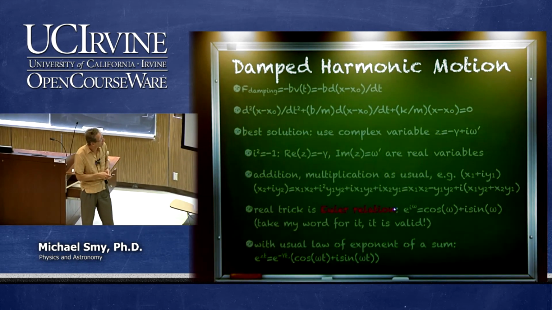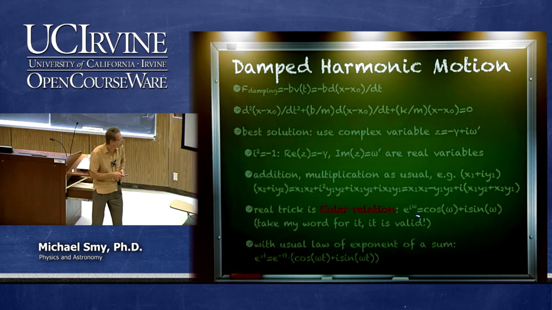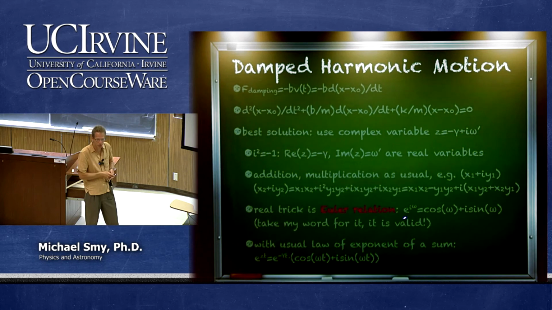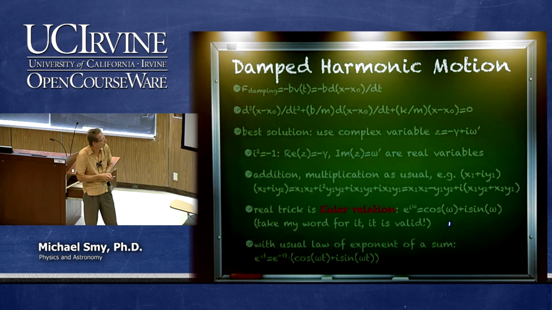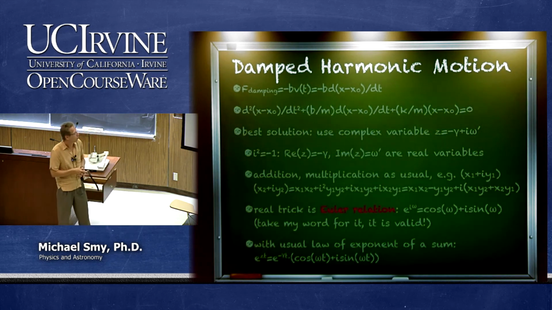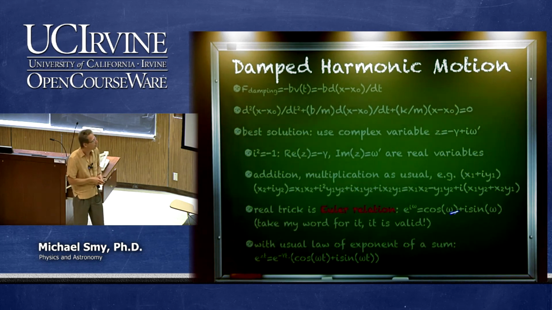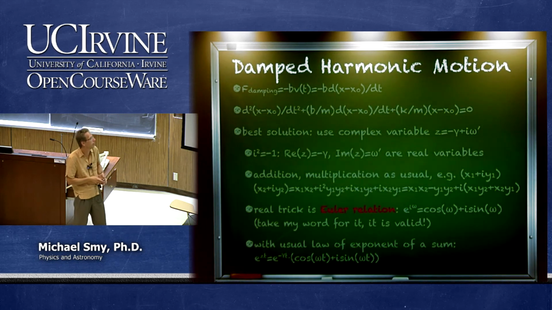And the Euler relation is, and I'm not going to even tell you why it's plausible that this is true, just take my word for it, it's valid. So e to the i omega, for any real omega, is cosine omega plus i sine omega. In particular, if omega equals 2 pi, then cosine 2 pi is 1 and sine 2 pi is 0. So e to the i 2 pi equals 1.